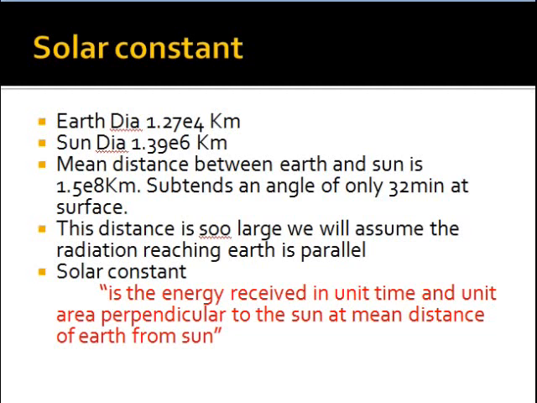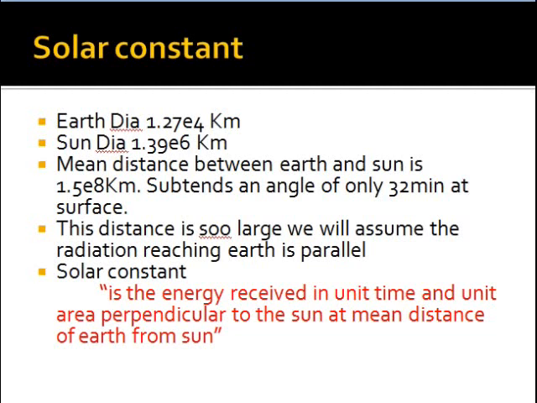So with this assumption we can define the solar constant as the amount of energy which we receive on the earth in a unit time, in a unit area perpendicular to the sun, at mean distance from the sun. What is mean distance from the sun? During summer the sun is close to the earth, but during winter the sun is a little far away from the earth.